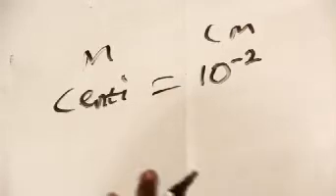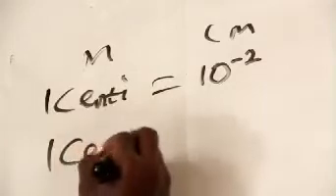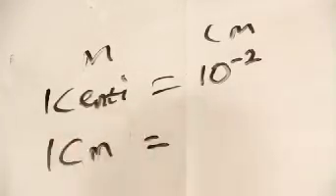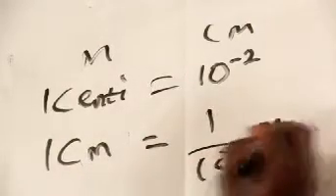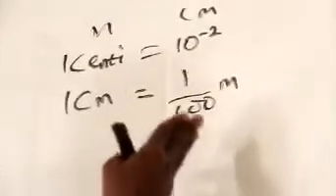That's its multiplication factor. So that means for 1 centimeter, I should write this in symbol, 1 centimeter is equal to 1 over 100 meters, right? So now this is the equivalence of 1 centimeter in meters.